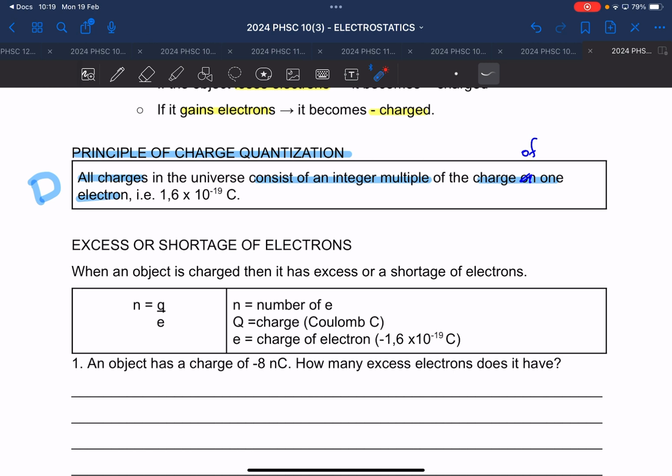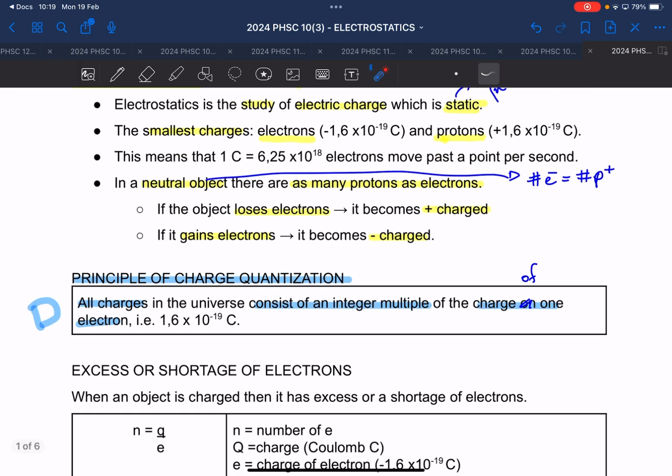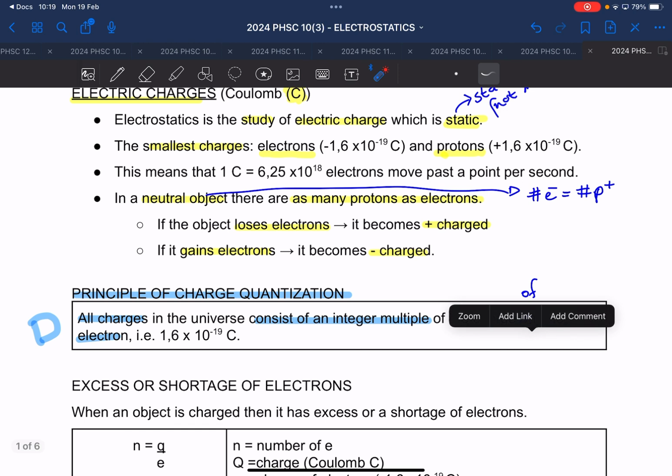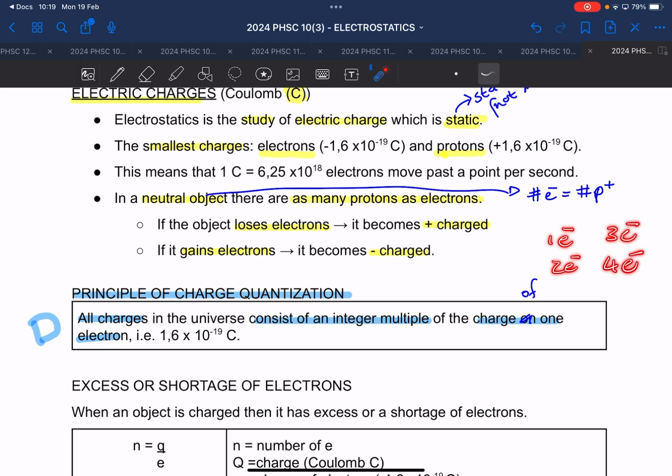It just means if something has a charge, something is 1 coulomb, 2 coulomb, whatever, then it must be that the object has 1 electron or 2 electrons or 3 electrons or 4 electrons. So it must be the charge of an electron times how many electrons it has. You can't ever have half of an electron. Your charge can't be half an electron because you can't split an electron in half.